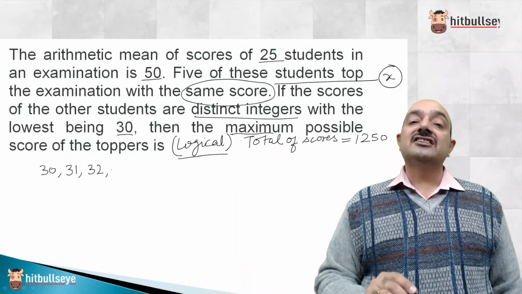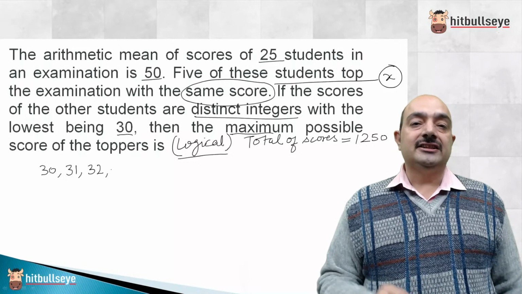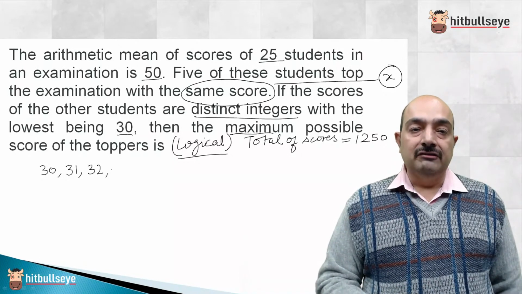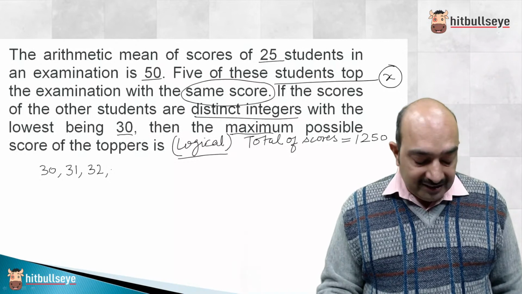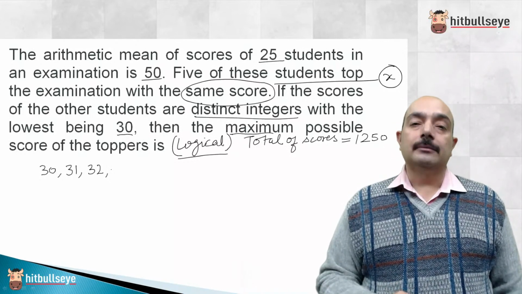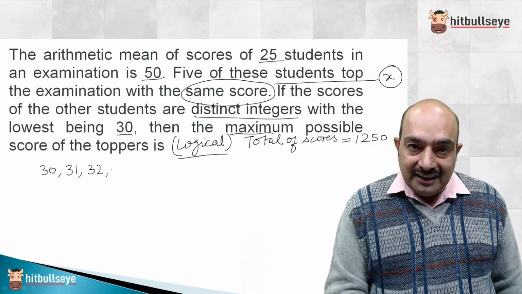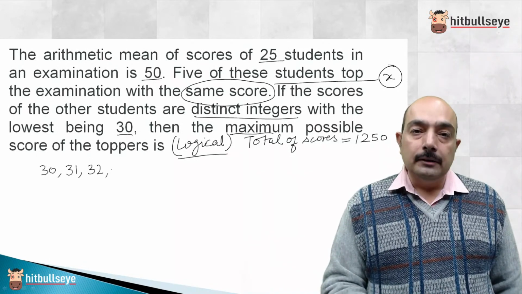If you take any other scenario, or in simple words, if you increase the gap, you will observe that in the end you want to maximize your answer, which would not be possible. So to maximize your answer, you have to take these numbers minimum possible.